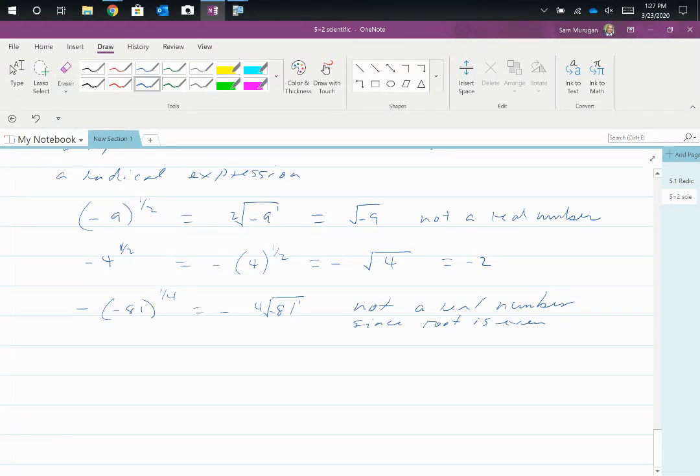Now, if the root is odd, remember we can find the cube root of it. So -27 to the power 1 over 3. This is negative the cube root of -27 to the power 1, where 1 is the power, so this is negative of -3, which is +3.